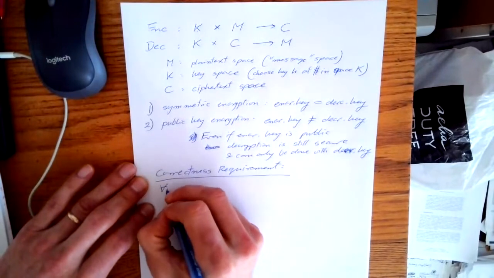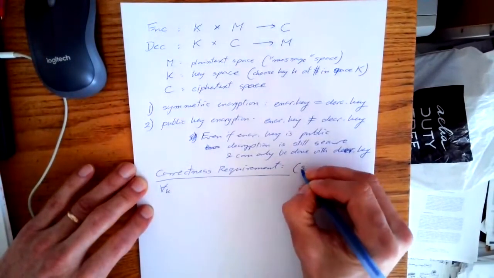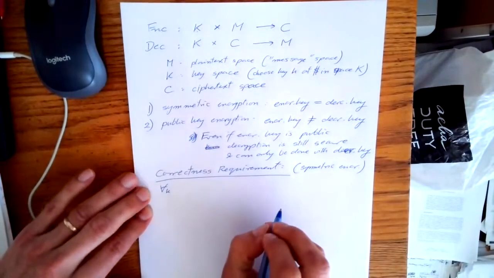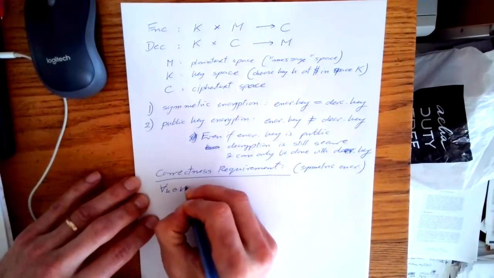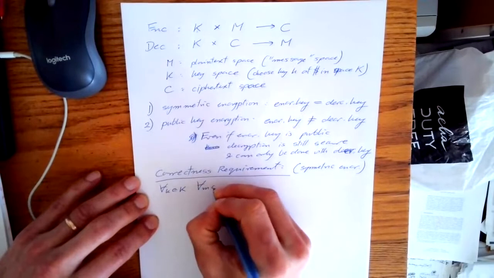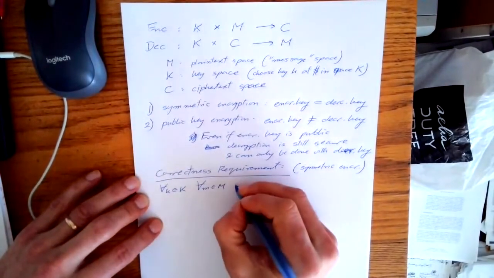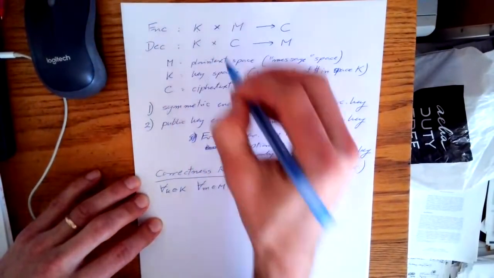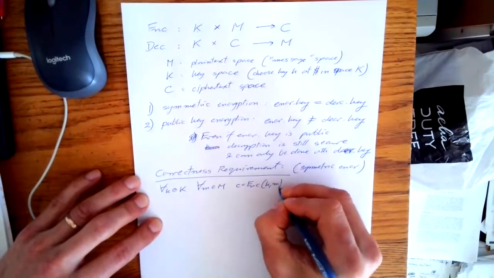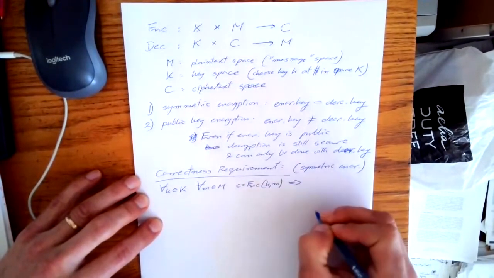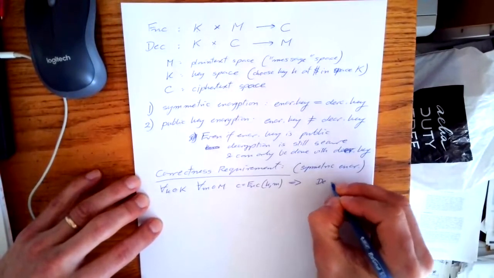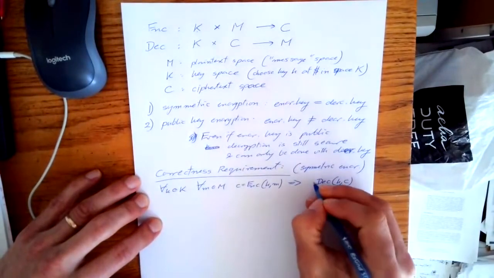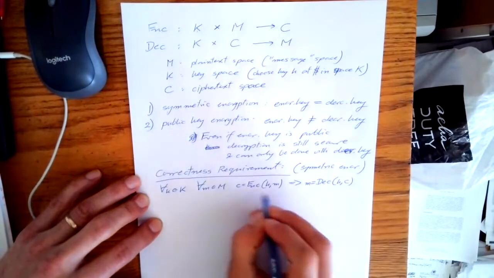It's a requirement that no matter what key is chosen, and let's take symmetric encryption for the time being, that I choose some key in the key space, and I choose any message in the message space, and the ciphertext is computed by running the encryption function on the key and the message, then if I run the decryption function on the same key and the resulting ciphertext, it will output the original plaintext, right?